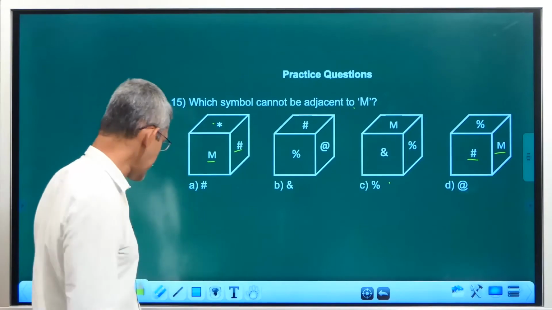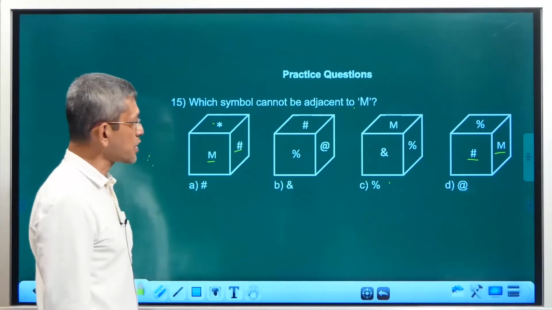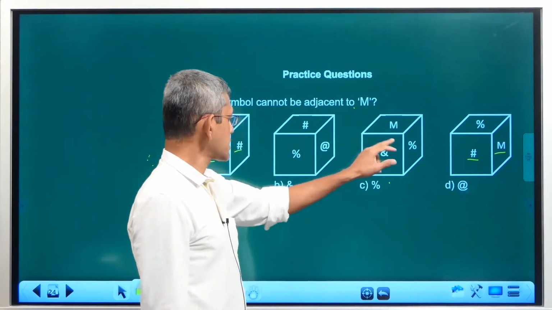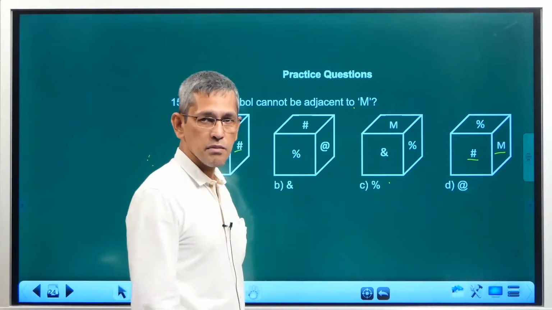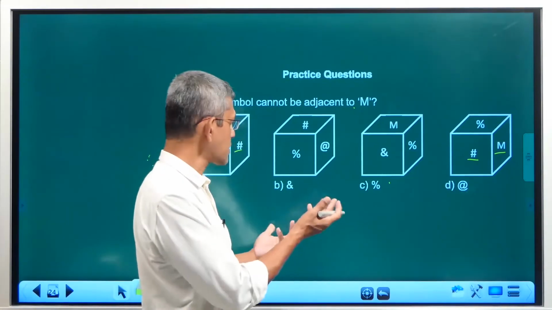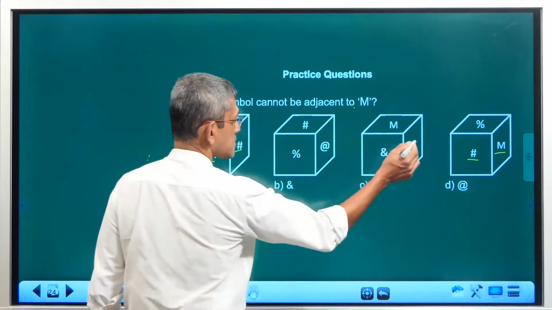Okay, fine, leave it. Now we compare 2 and 3. Is there anything common? Well, percentage is common. Anything else? No, not really. So that means you have to apply rule number 4. If you want to apply rule number 4, you can check it out. What is the common element here? Percentage.